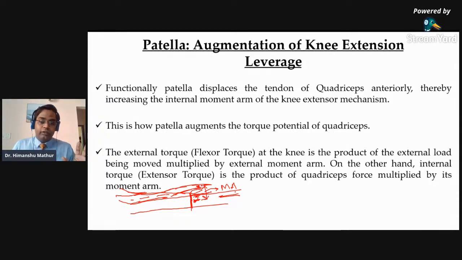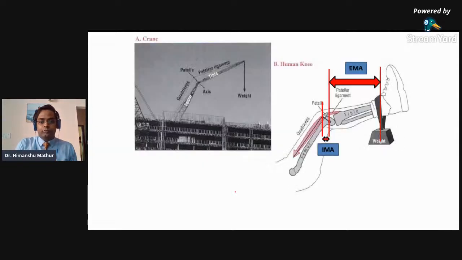Now we all know, since we studied it in the last lecture on the hip joint also, that if a joint is in static equilibrium, the external torque is always equal to the internal torque. Now we'll see it somewhere here.